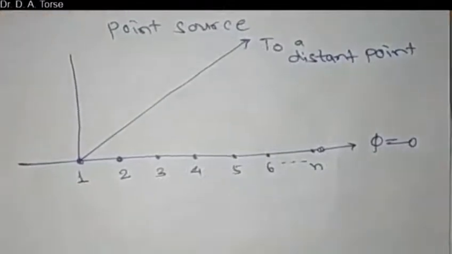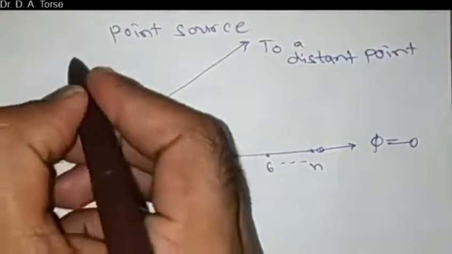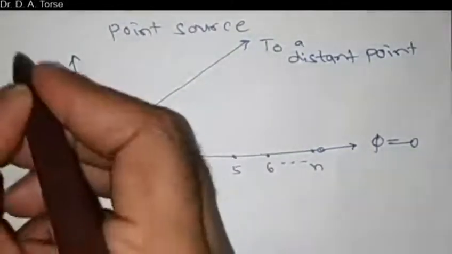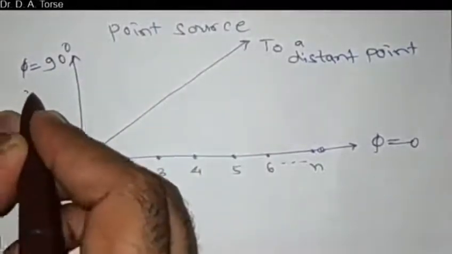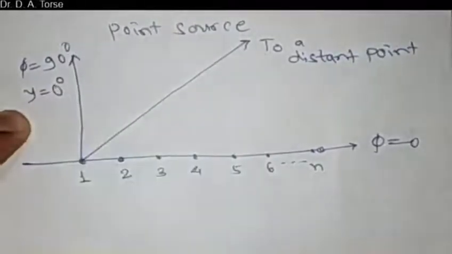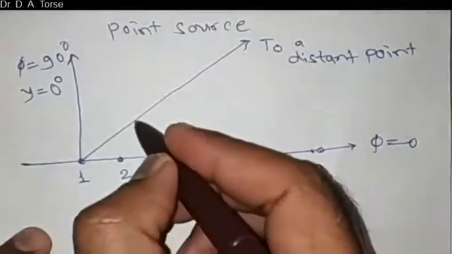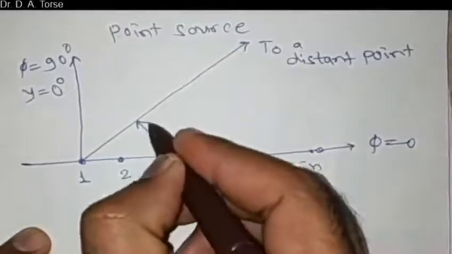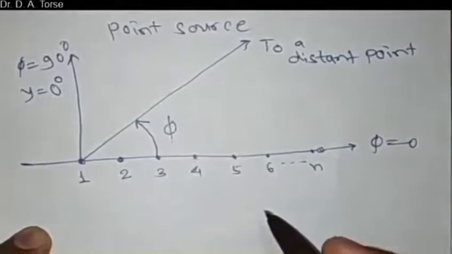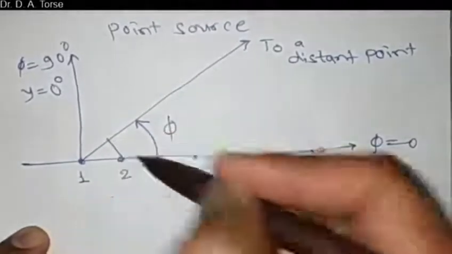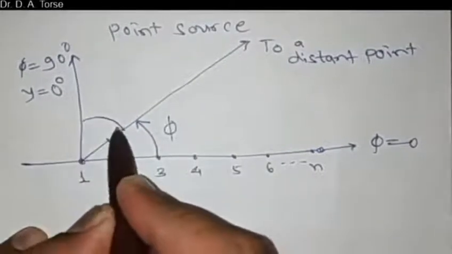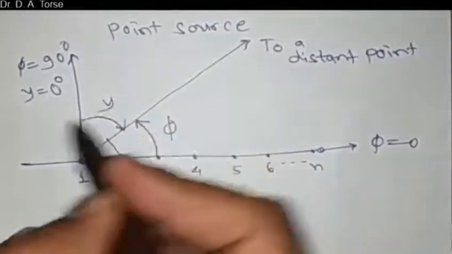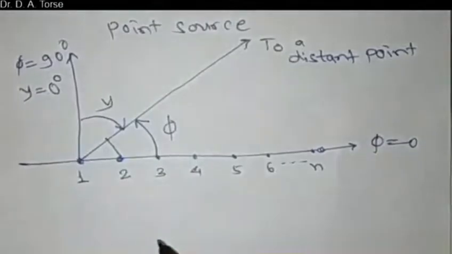So far away from this array we are going to do the measurement, and these directions, as we have indicated, phi is equal to 0 here, phi is equal to 90 degrees and another angle gamma equal to 0 degrees. So the measurement is done in the counterclockwise direction, in the direction of phi, and the clockwise direction angle is gamma, because we have taken gamma equal to 0 here.